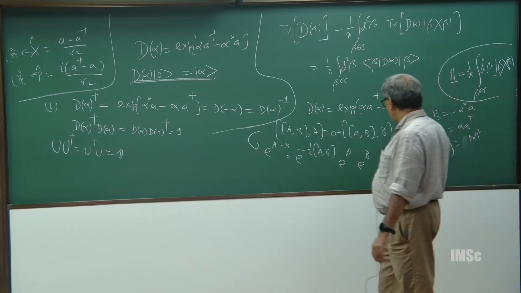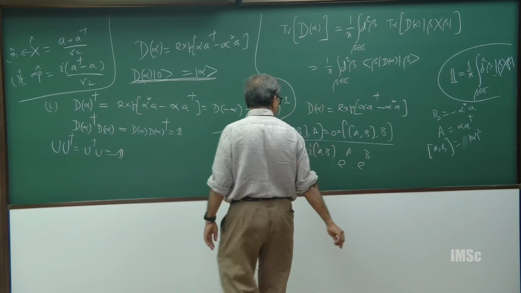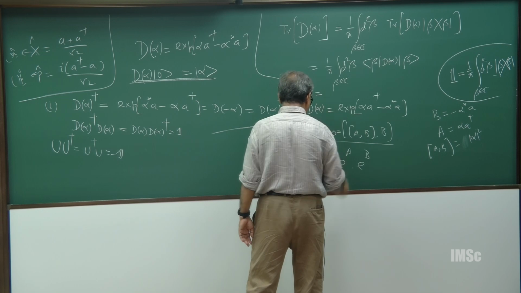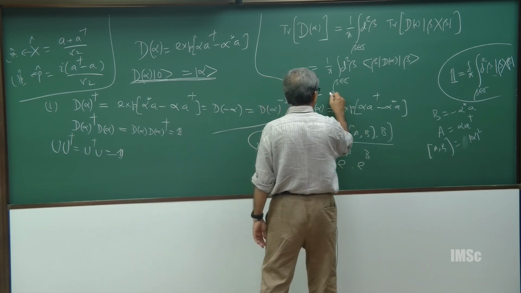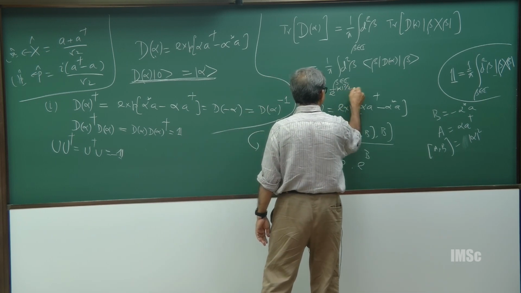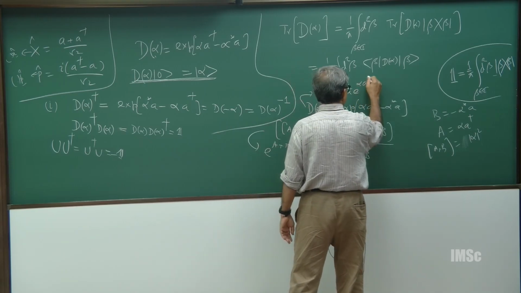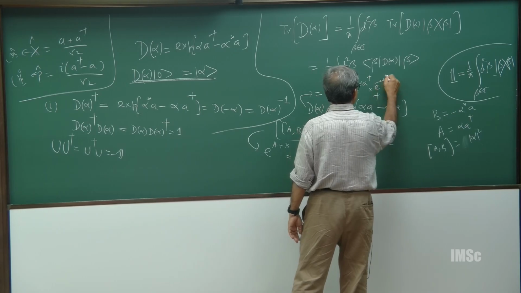Okay. And therefore, this condition will be satisfied. So, this D of alpha is equal to e to the power minus mod alpha square by 2 times e to the power alpha A dagger times e to the power minus alpha star A.